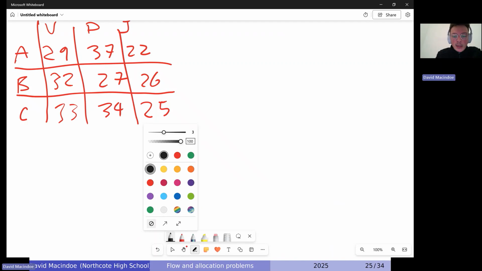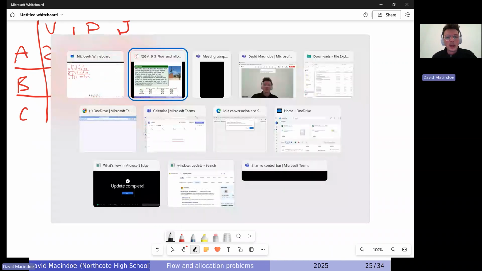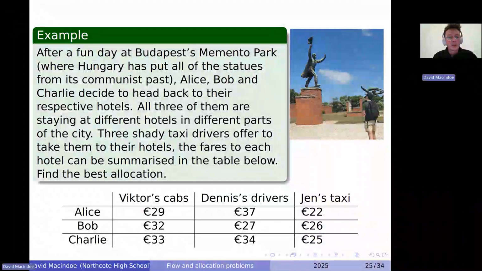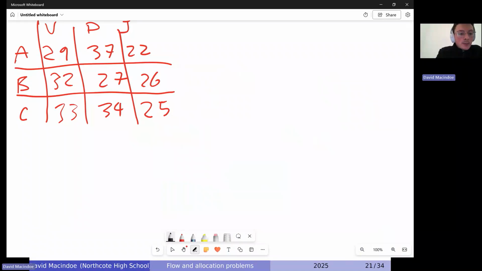And now if we think about our first little bit of doing this algorithm, maybe we should just go back to our short version. So we're just subtracting the lowest value in each row from every element in that row. So if I think about that first row, what are we going to end up with?